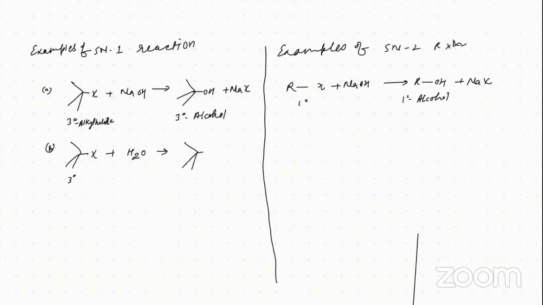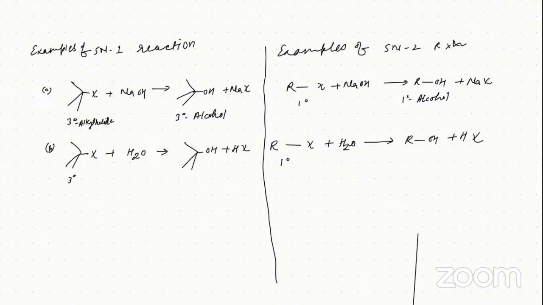Here it is going to give R-OH plus the side product HX. And here, RX is a 1 degree alkyl halide treated with H2O. It is going to give ROH plus HX.